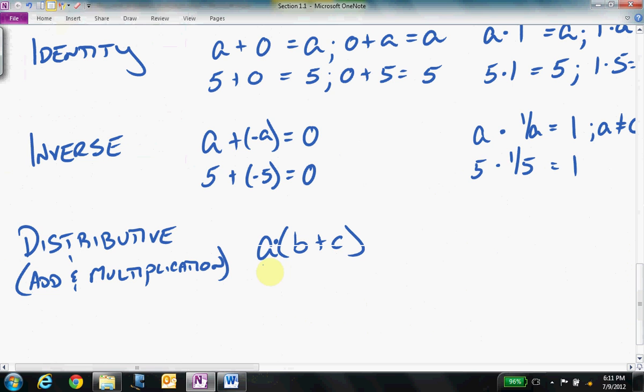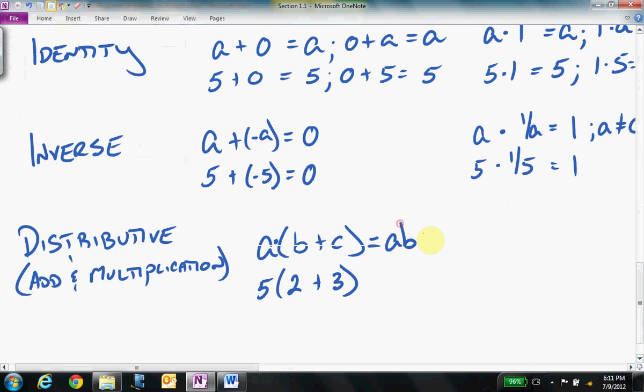So let's assign our values here. We'll say a is 5. B, what did we say B was? B is 2. And C is 3. We're not going to evaluate it here, but what we're going to do is distribute the a to both the value of b and the value of c.